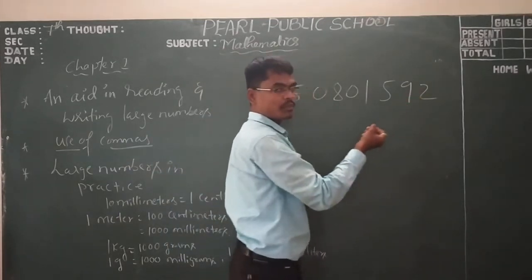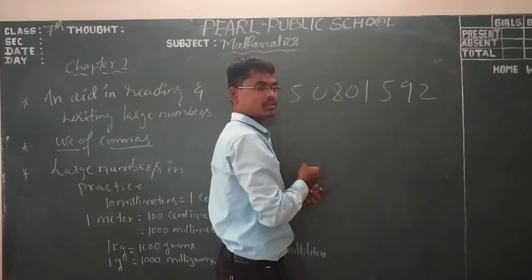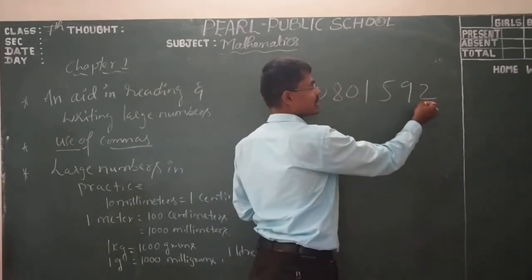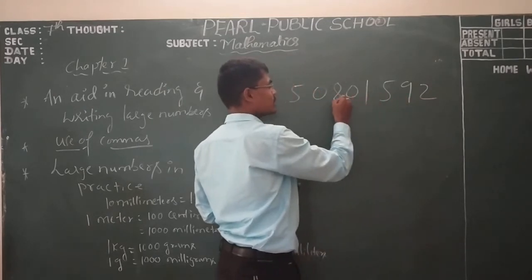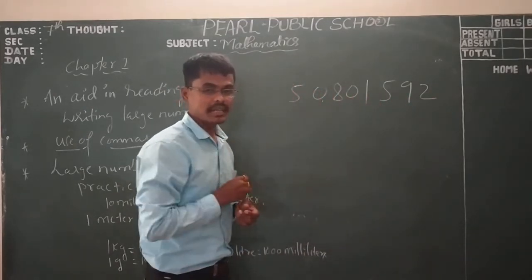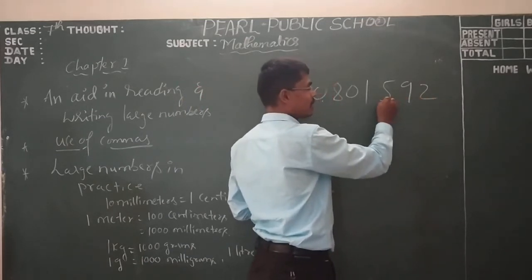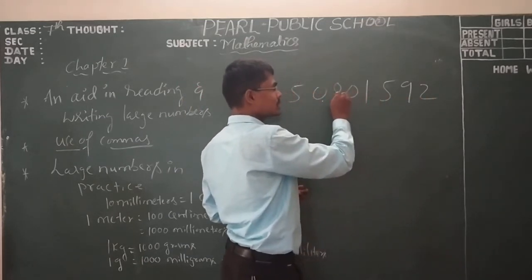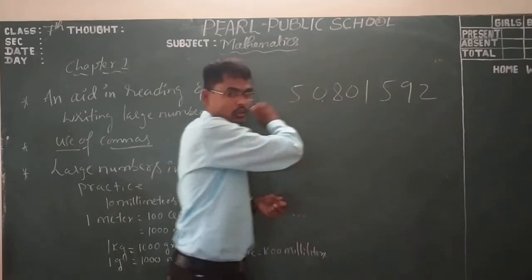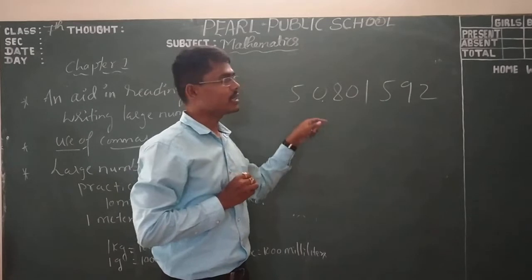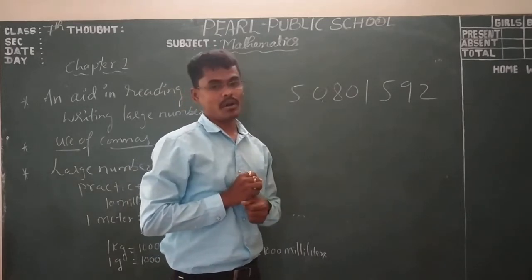Before you start with the commas, you have to first count the digits. How many digits are there? 1, 2, 3, 4, 5, 6, 7, 8. 8 digits are given. Now look at this one. This is a unit, this is a tenth, 100, 1000, 10,000, lakh, 10 lakh, and the last one is a crore. Nothing but the given number is in terms of crores. Then how are we going to use the commas?